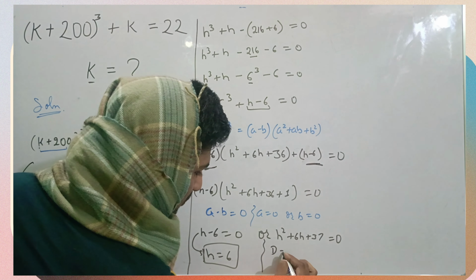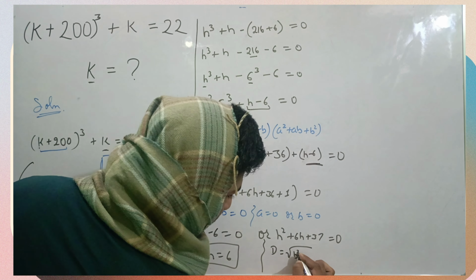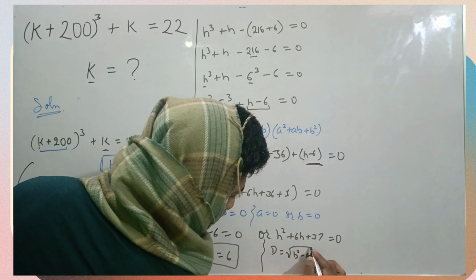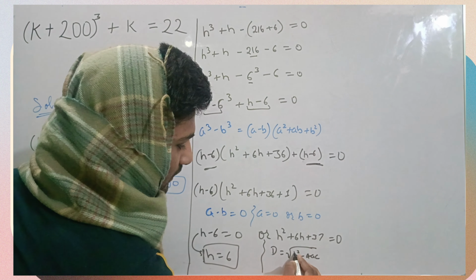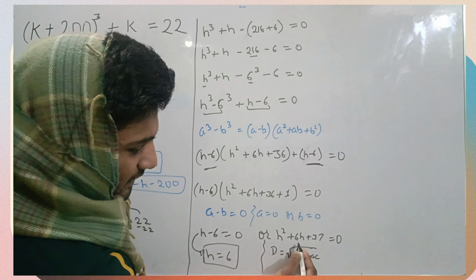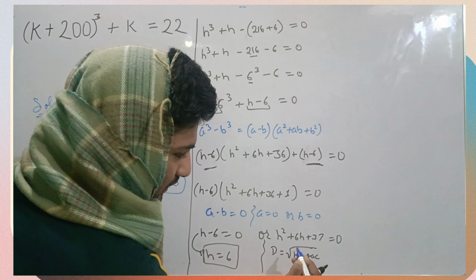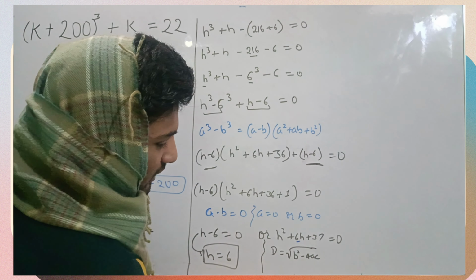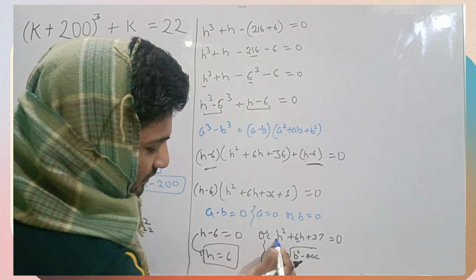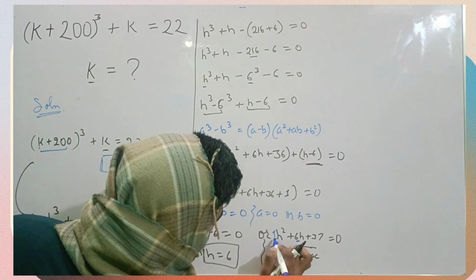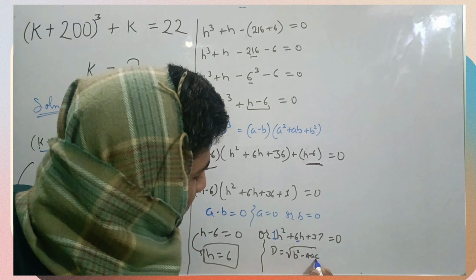So the discriminant is the square root of b squared minus 4ac. What is b? b is 6, the coefficient of h, the value of a is nothing but 1, and the value of c is 37.